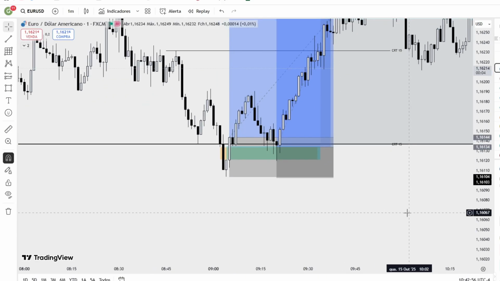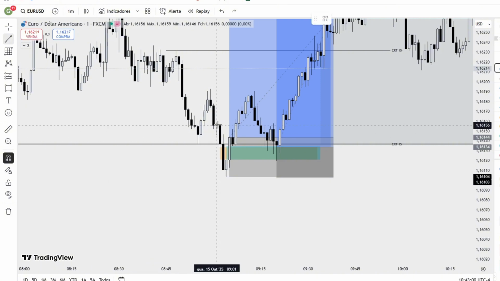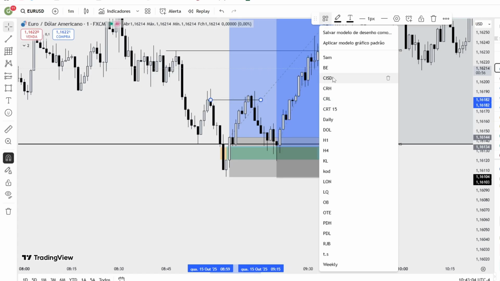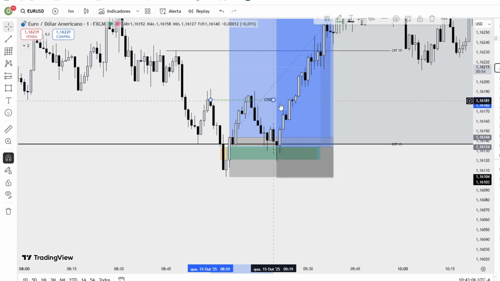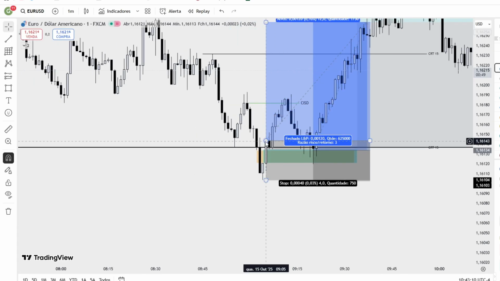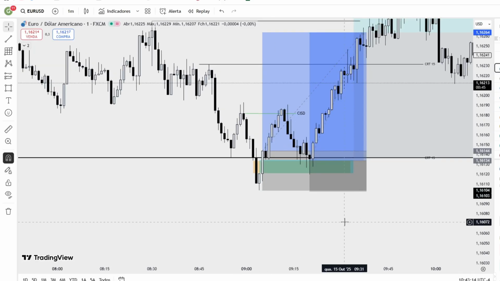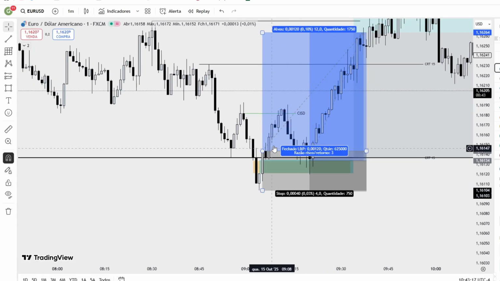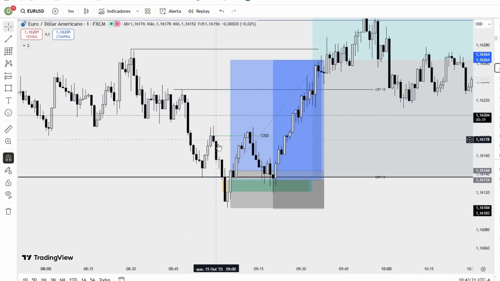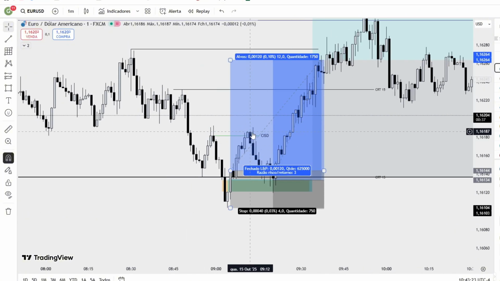And remember, we got our SIS right here, so we are allowed to go long after this point. Here I took an anticipation entry. It's a riskier entry, but if you want to wait and do some retest, you can wait for the change in state of delivery, retest the fair value gap or the inverse fair value gap.